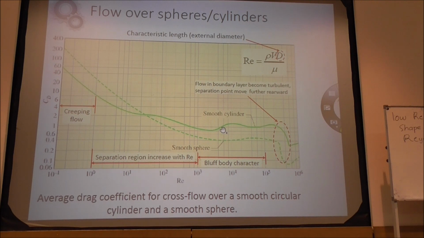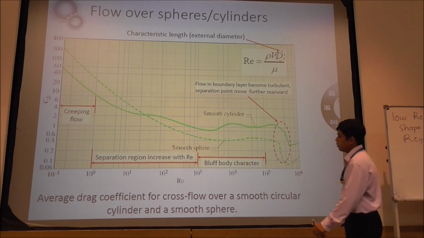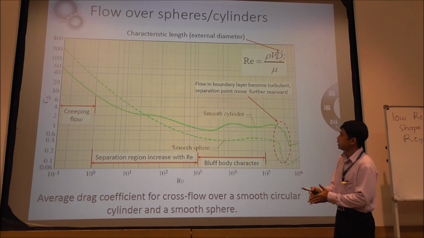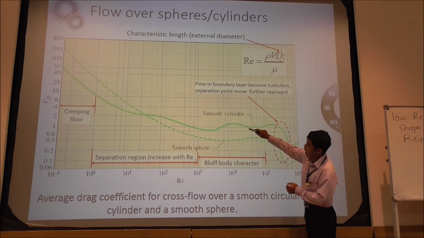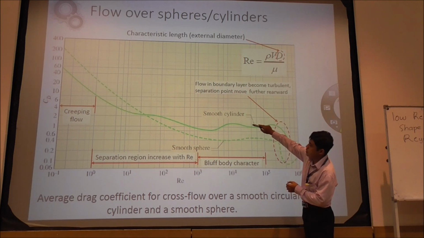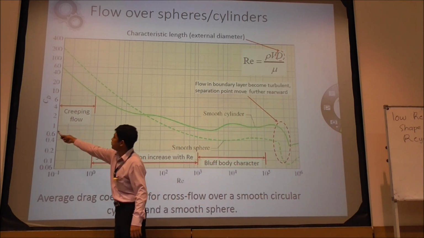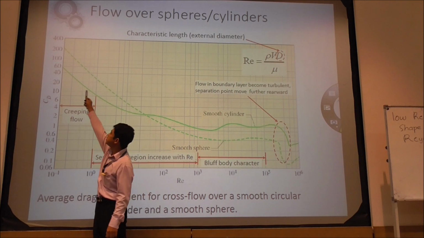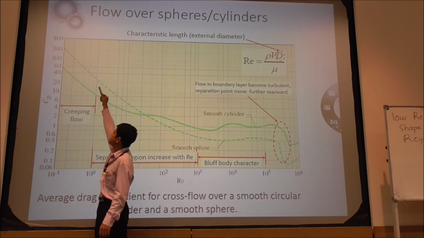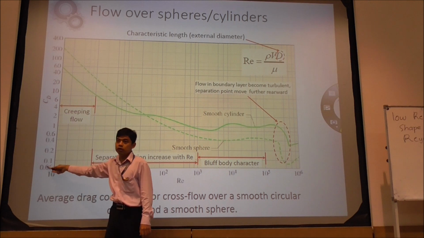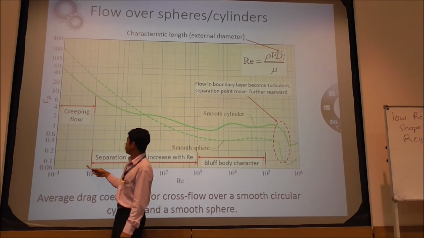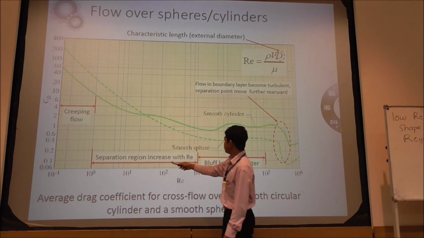Right? So let's take a look at this one. This is the correlation or the chart for the sphere. And so this one is the sphere and this one is for the smooth cylinder. So in the creeping flow, okay, in this region, you see that the drag coefficient is a strong function of Reynolds number. Right? This is as it goes further.